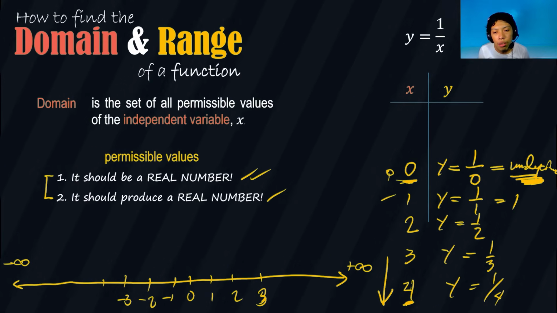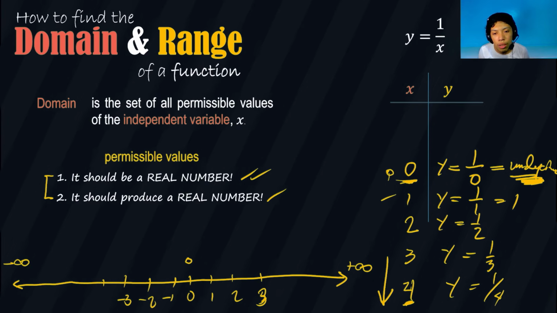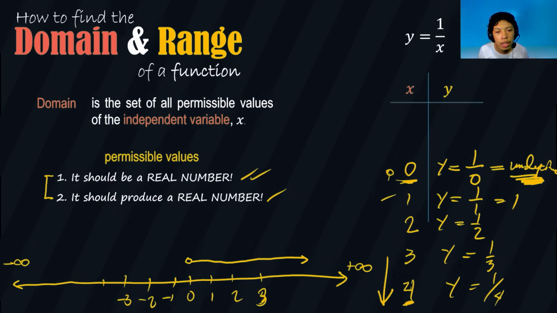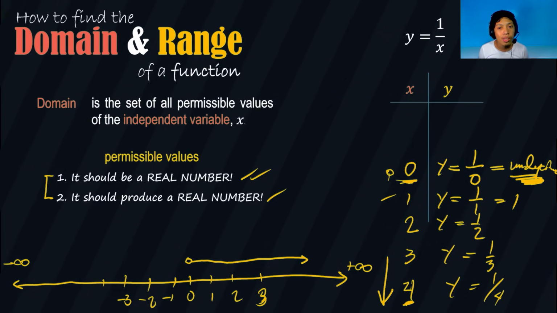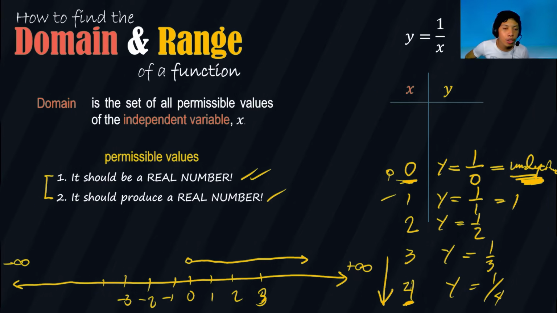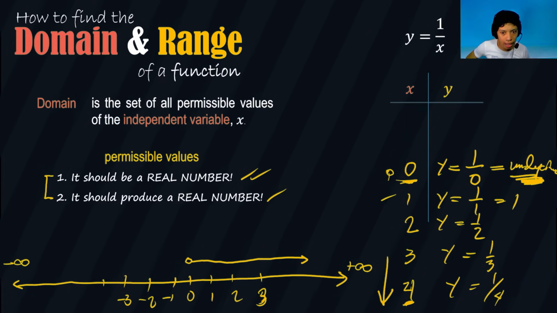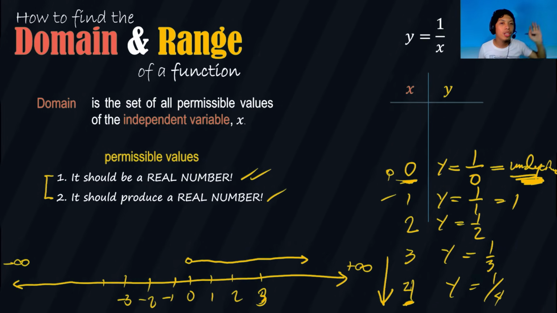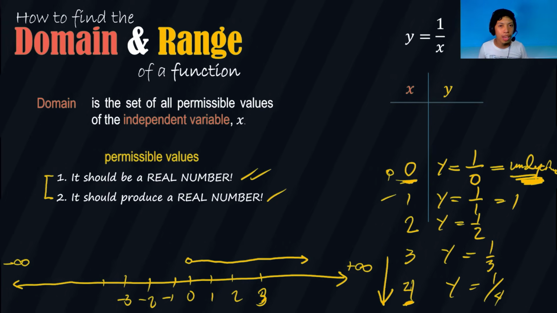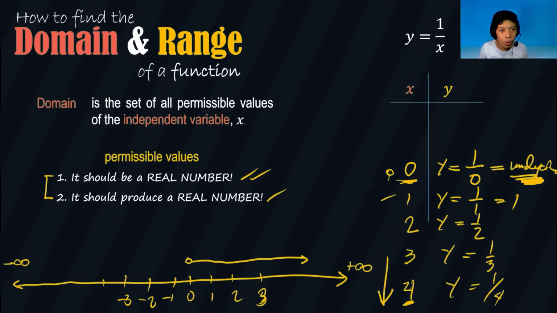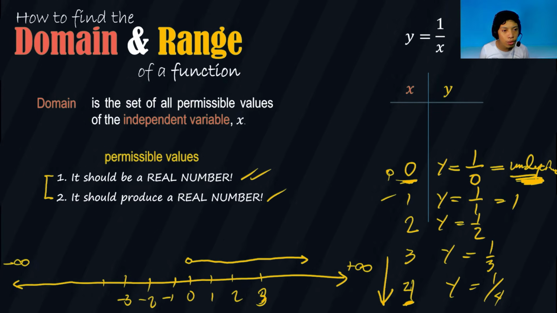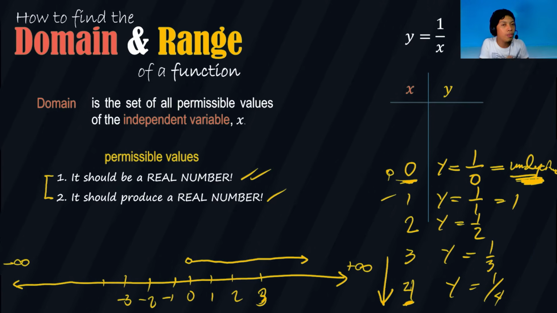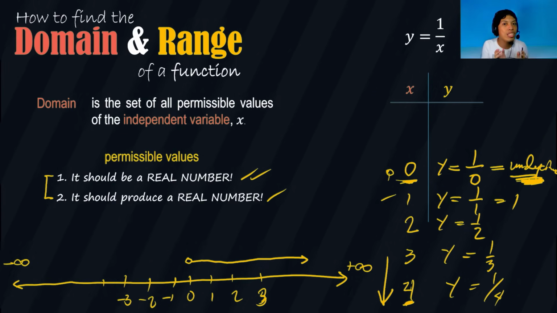Ibig sabihin, from 0, excluding 0, until the positive infinity, those numbers are permissible values of x. Okay? So from 0 until the negative to positive infinity, they are all permissible values of x, except 0, because when x is 0, we can see that the resulting value of y is undefined. So 0, hindi siya kasama, starting from 0 to the positive infinity, but excluding 0.